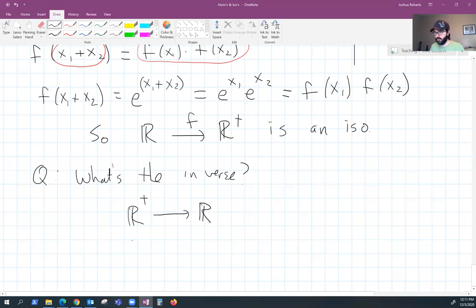Well, I take an x in here, and it's going to get mapped. So we're going to call it f inverse. So f inverse of x, what is that going to be? What undoes exponentiation, taking x to e to the x? I'm going to leave that for you to think about. It's really straightforward. Think about college algebra, and how you undo e to the x. And I think it'll kind of fall out, and then verify that it's actually the inverse.